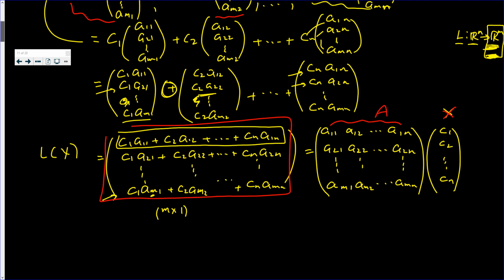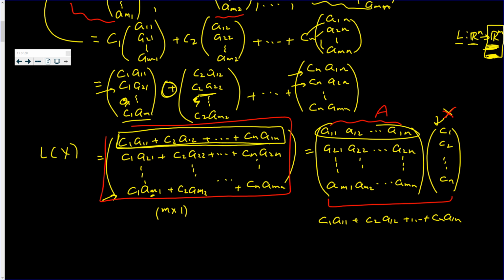Let's verify that. If you multiply the first row by the one and only column, you'd get C1 A11 plus C2 A12 all the way down to Cn A1n.